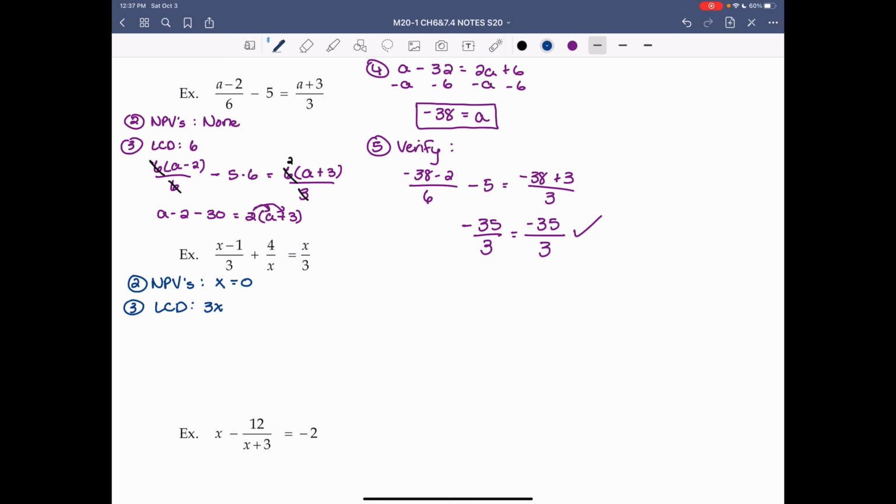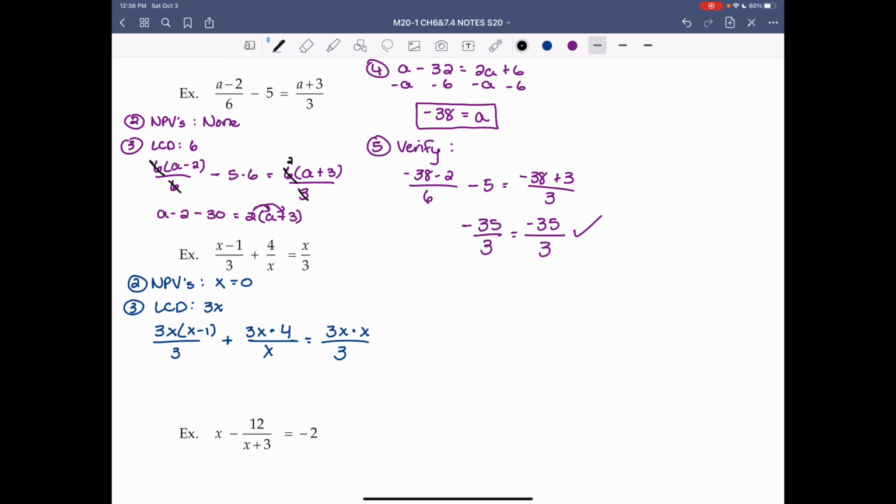Multiply all the terms by 3x, we get 3x times (x minus 1) over 3, plus 3x times 4 over x, equals 3x times x over 3.